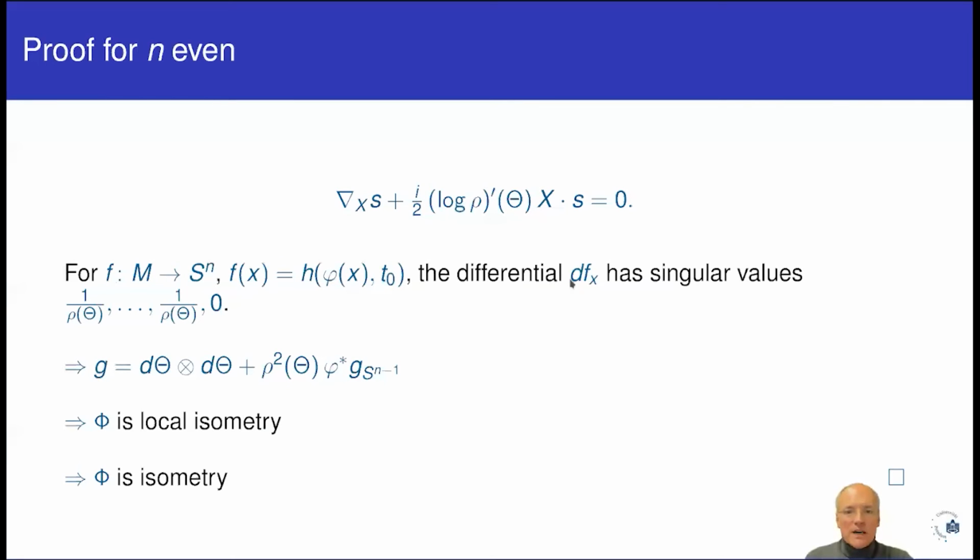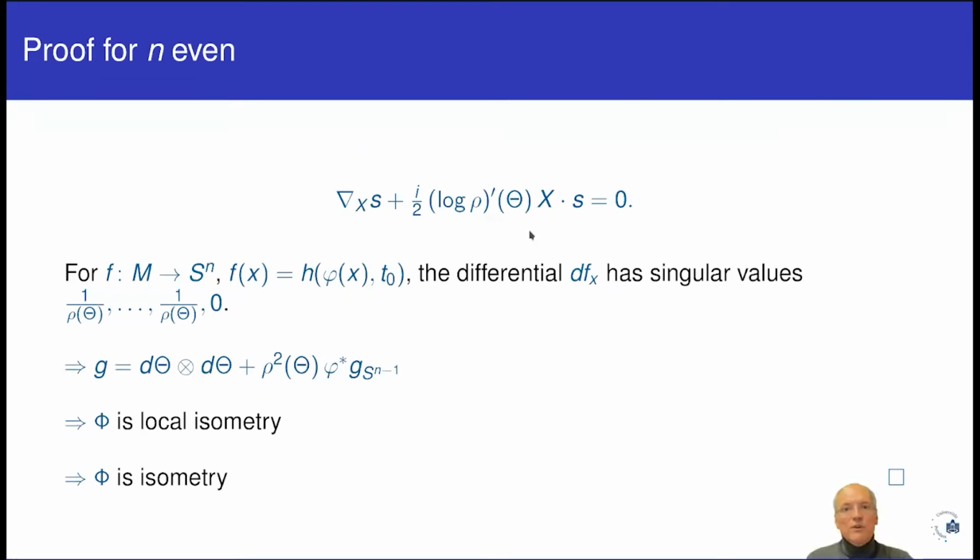And it turns out that the differential of this map now has these singular values. So there's one direction which corresponded to the circle direction, where the singular value is 0, but all the other singular values turn out to be 1 on rho of theta. And you can always get an estimate of the singular values in one direction, but if you have this particular kind of spinor field, you will see that these estimates are actually equalities, and that's why you can determine these singular values precisely.